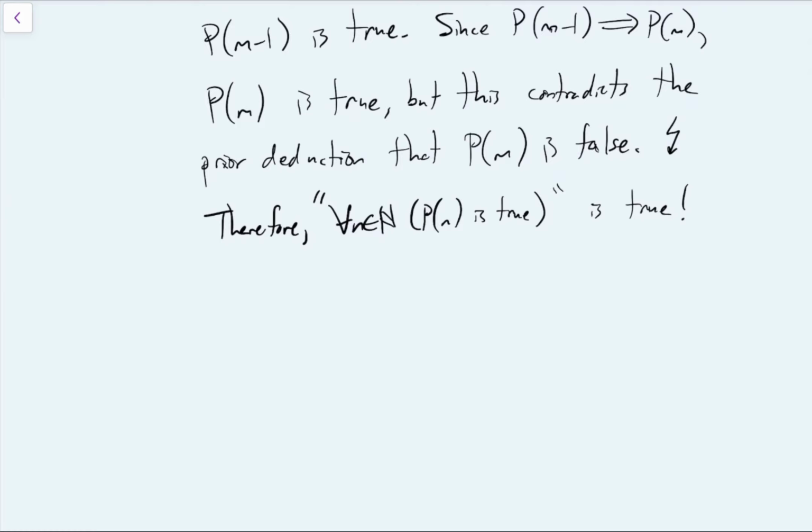So in the other direction, I want to prove that if the principle of mathematical induction is true, then I can deduce the Well-Ordering theorem. So what we're going to do first is assume the principle of mathematical induction is true. Now my goal here is to prove the Well-Ordering theorem in this context.